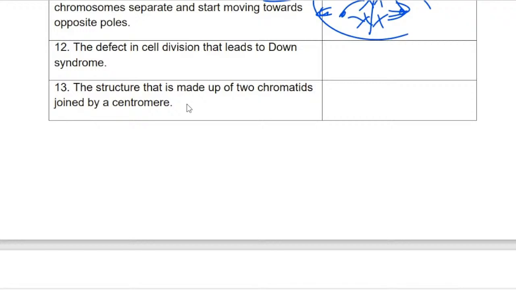The structure that is made up of two chromatids joined together by the centromere. How do you call this? It is a chromosome.